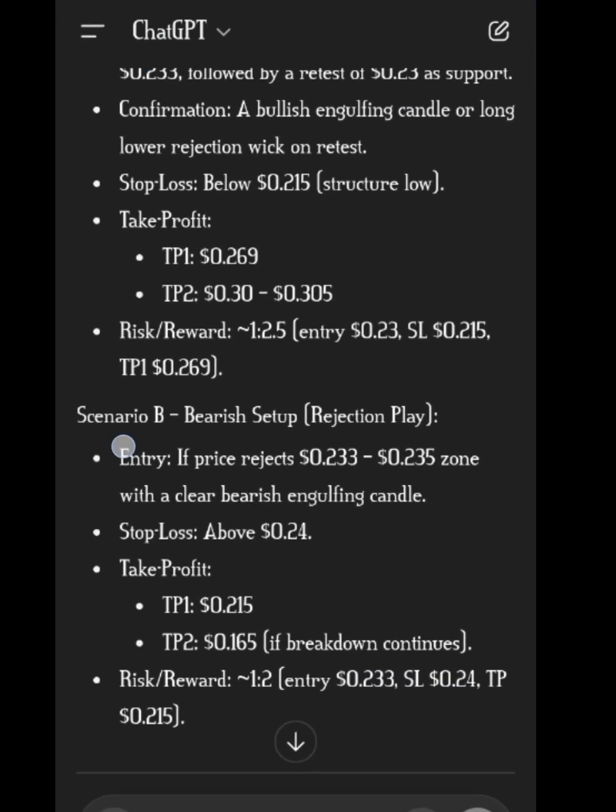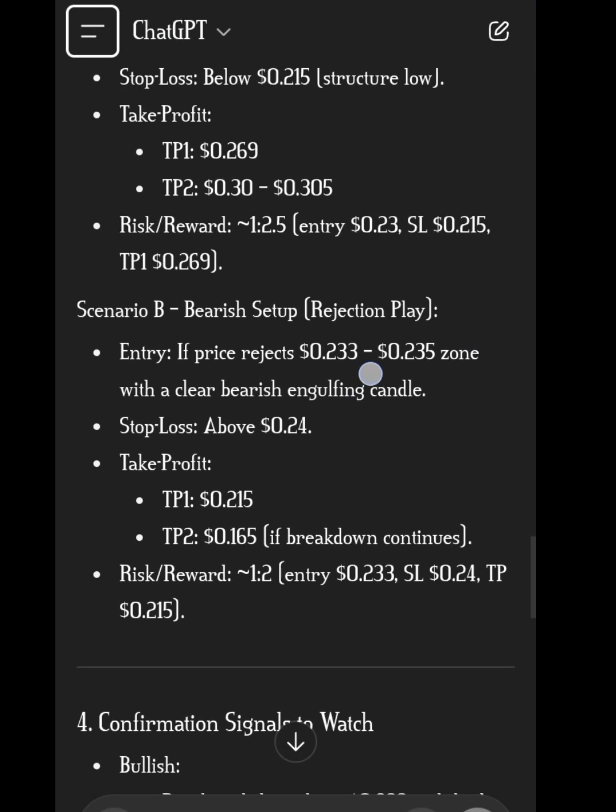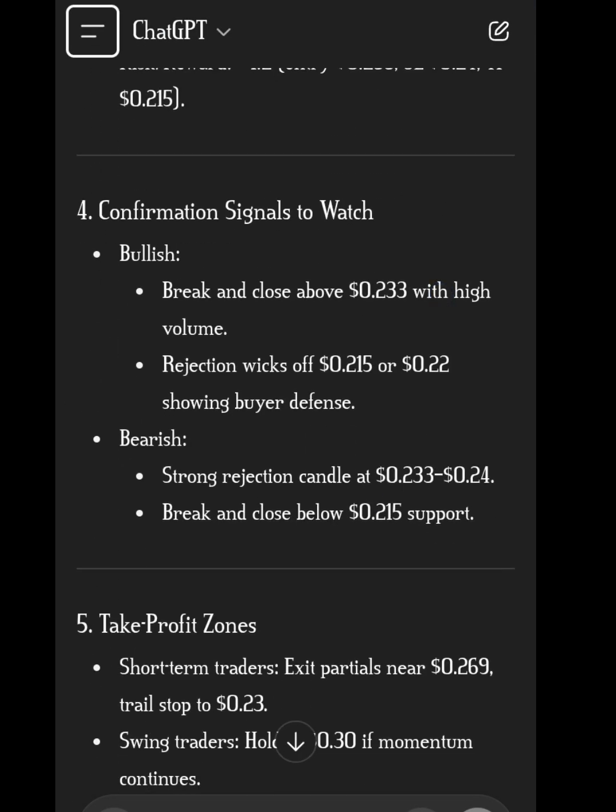What else is he even saying here? Let's check. Right. So confirmation signal to watch: bullish, if you're bullish, right? Breakout and close above 0.2533 with high volume. That's what, like I said. Rejection wicks off 0.215 or 0.22, showing buyer defense. Very strong rejection at that support zone I showed you, 0.233.